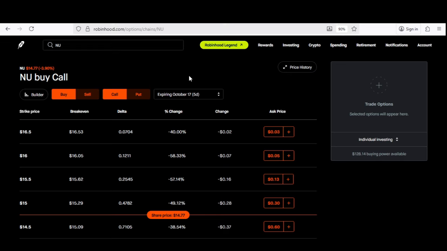Now, for Nubank, there are 2 things I would do. Here's the first one. Because of the price this stock is at right now, I would buy the shares outright. I would be buying the shares based on what's known as the DCA model, or the dollar cost average model. In this model, you buy shares at different intervals of your choosing, and you keep buying whether the share price keeps going up or down.